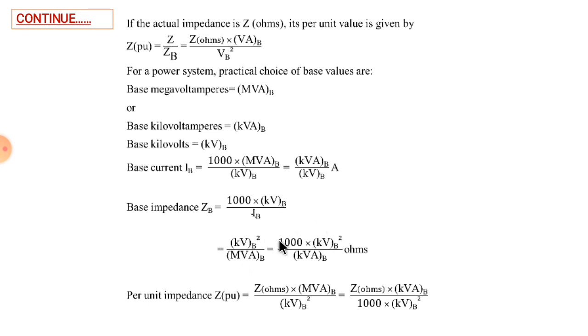So from this, the per unit impedance Zpu will be Z ohms into the VAB, which will be replaced with the MVAB, and VB square will be replaced with the KVB square. So Z ohms into KVA base divided by 1000 multiplied by KVB square.